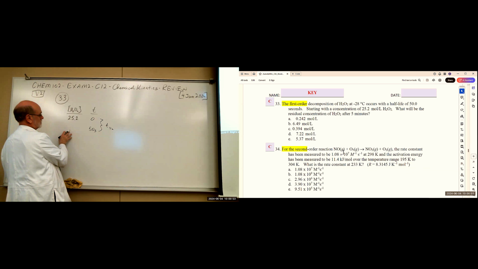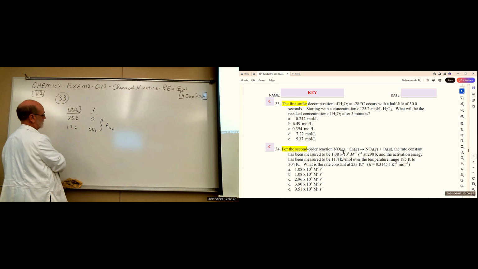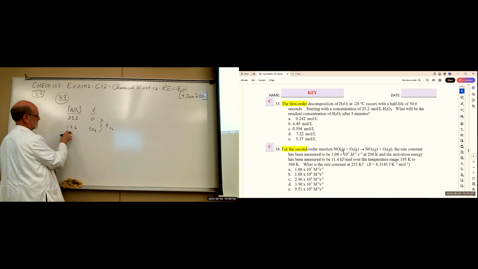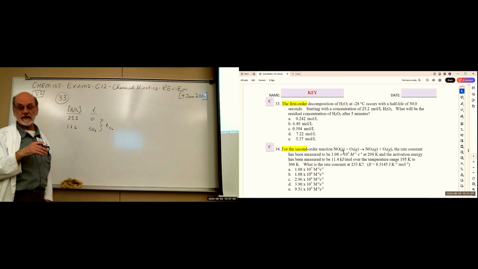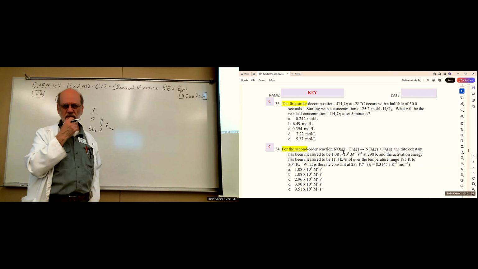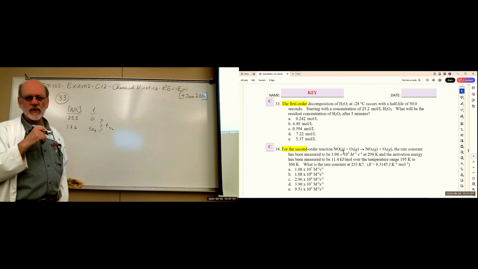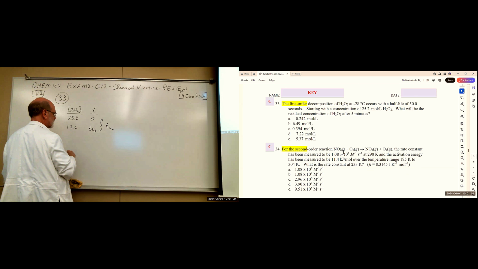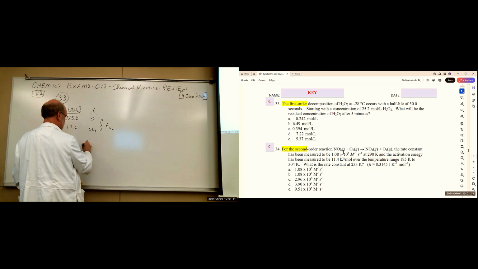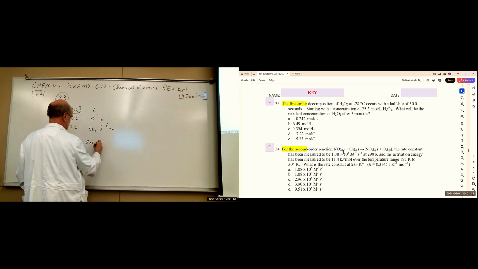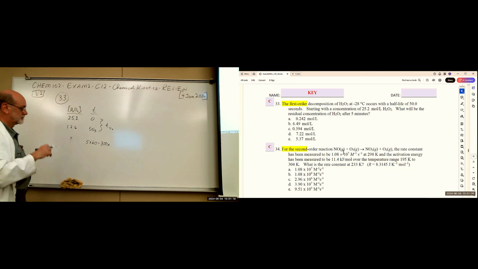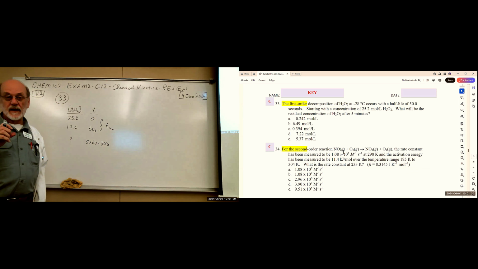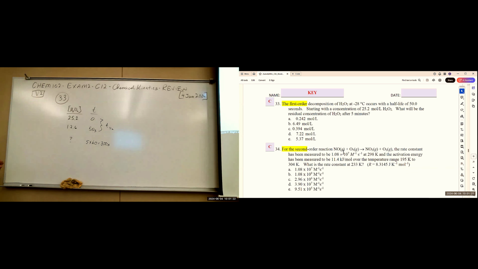Let's see, 1, 2, 6, right? Yeah. 12.6 molar should be left after the first half-life. So we want to know the residual concentration after 5 minutes. So that's 5 times 60 equals 300 seconds. That's what we're after. Okay, what equation do we have?